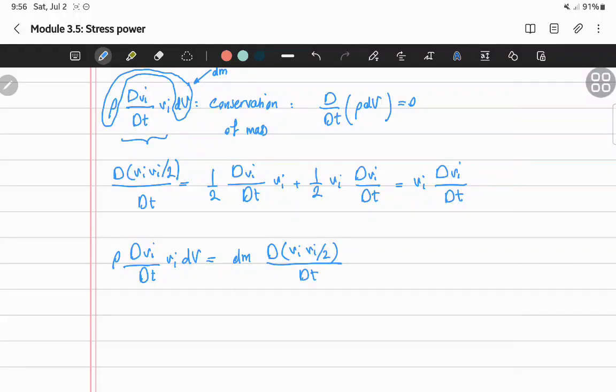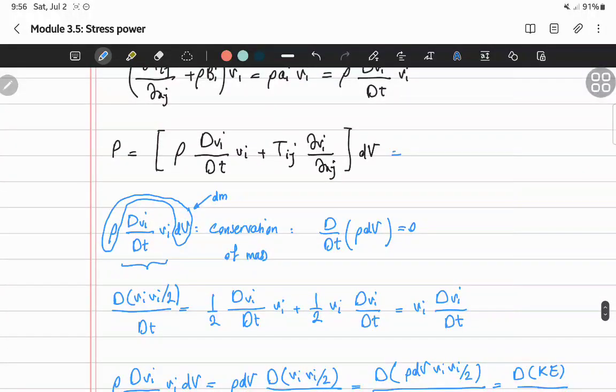Since this is constant we can take this inside, so we have d of rho dv vi half dt, and this is basically equal to the kinetic energy. Kinetic energy is half of mv squared. So now we have identified the first term, which is d of kinetic energy dt. So now let's find the second one.